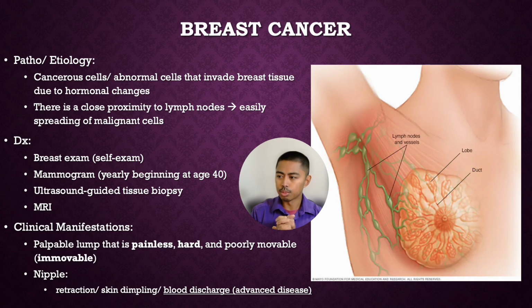There's also something called DCIS, which is ductal carcinoma in situ, meaning it stays in place, in situ. Ductal carcinoma in situ, or DCIS, is going to be non-invasive. These are malignant cells that are non-invasive, and it's confined inside of the duct, but they haven't spread into the surrounding breast tissue.